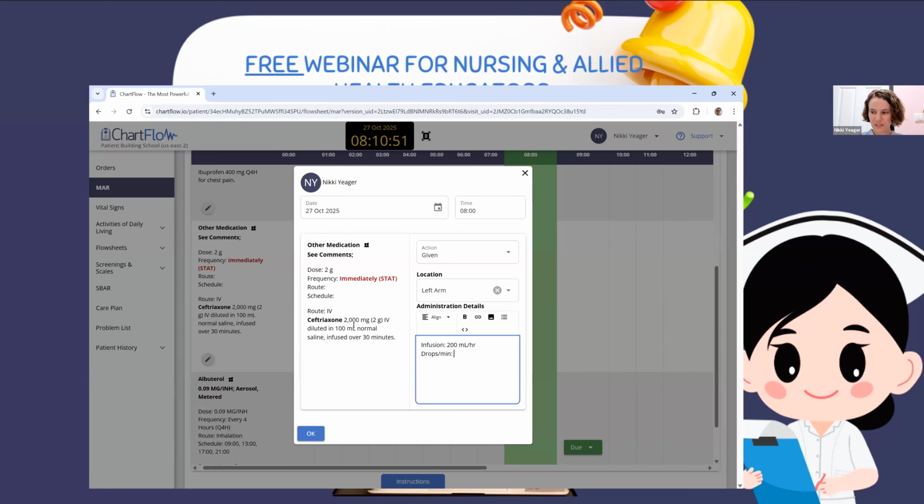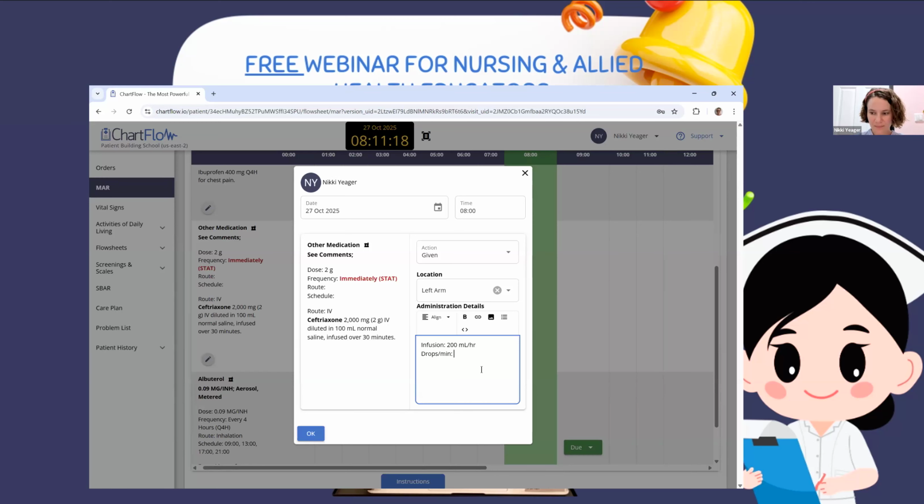We're going to multiply it by the drop factor. And in my instructions, if you noticed, I did point out that they are going to be using IV sets that are 15 drops per minute. So we have that standardized for them. So 100 milliliters times 15 will give us a total of 1,500 drops.